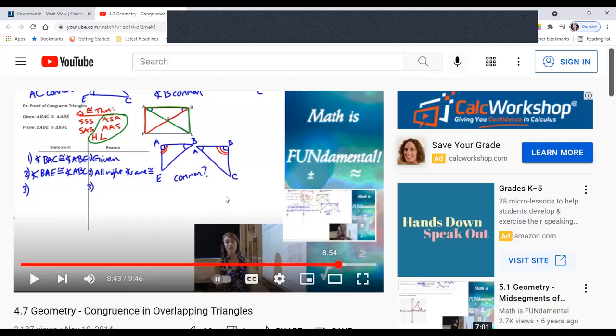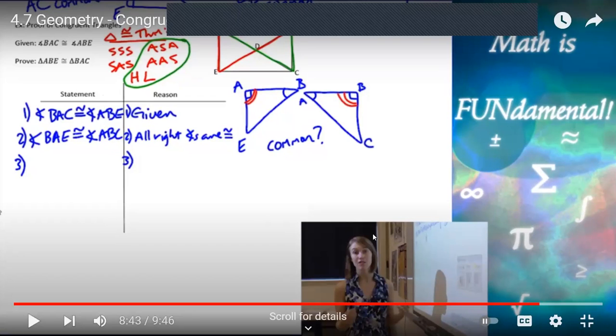So what else do we need to prove these triangles congruent? I think this side is the same because of the reflexive property. So side AB and side BE, they are the same, right?